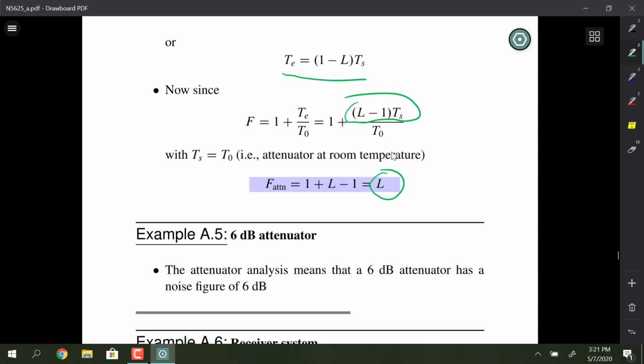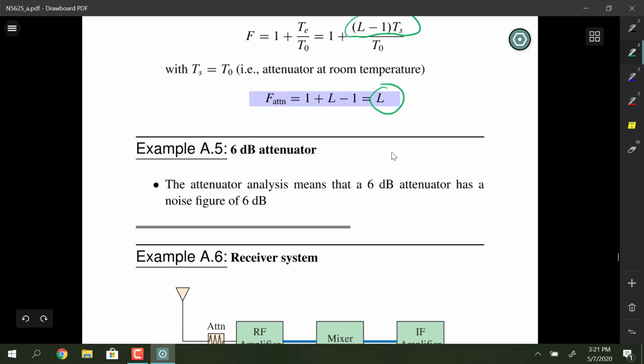So if you have a receiver front end that starts with an attenuator with, say, an attenuation of 60 dB, then the noise figure of that receiver front end is 60 dB, which is really bad.